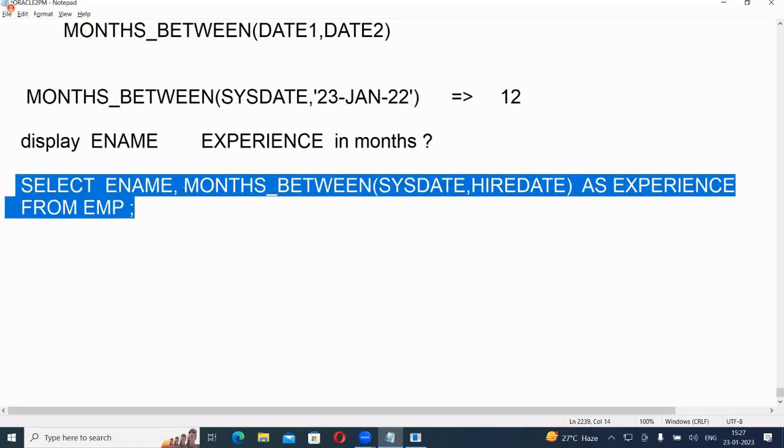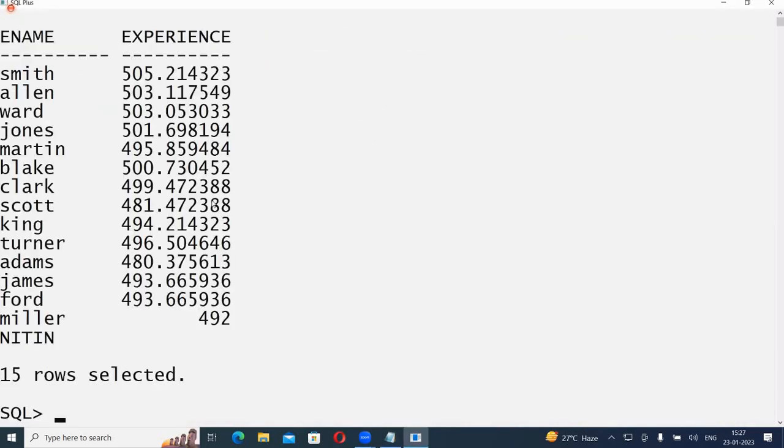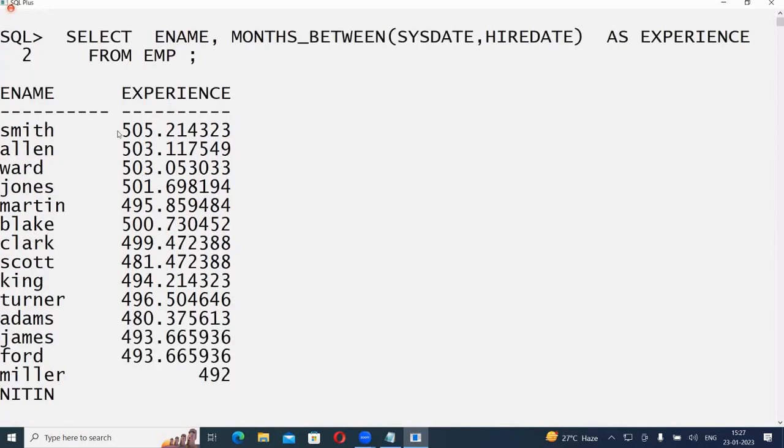But what does this give? This gives experience in months. The employee is working since 505 months. But it is showing some decimal part. I don't want to show the decimal part. I want to round this value to the integer, like 505, 501, 495.